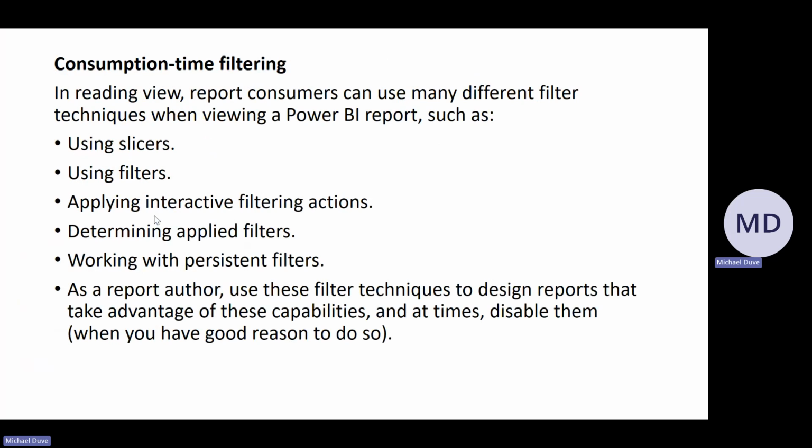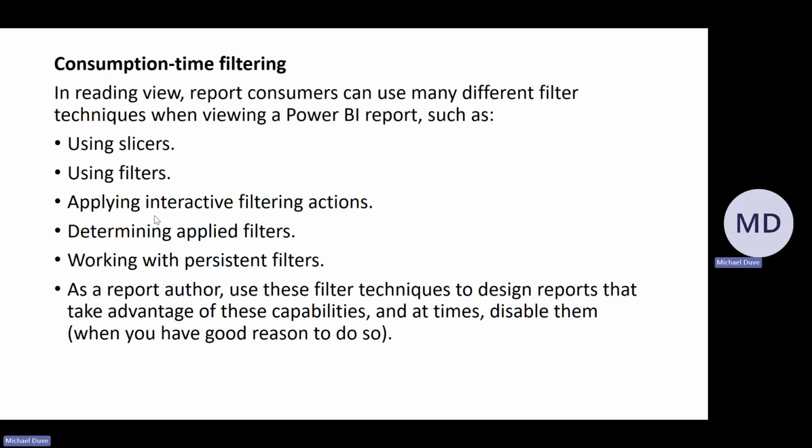So we've also moved on to consumption time filtering. That is, in reading view, report filtering can use many different filter techniques when viewing a Power BI report, such as using slicers, right? So slicers are interactive visuals that allow users to select one or more values from a list.